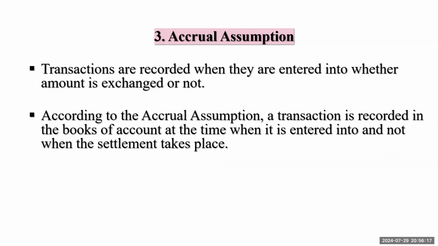And the meaning and features, we discussed about meaning and features of accounting principles. In all, there are 14 principles, 14 concepts. These three that we discussed: going concern, accrual, and consistency, are also principles.